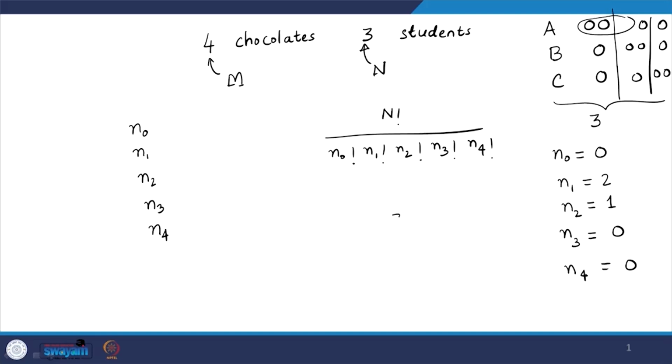So, we can do the math here. So, we have 3 factorial divided by 0 factorial, 2 factorial, 1 factorial, 0 factorial, 0 factorial, and you can see 0 factorial is also equal to 1, 1 factorial is also equal to 1, and 3 factorial by 2 factorial is equal to 3, that is the same as the number of ways we have seen in the example, right.